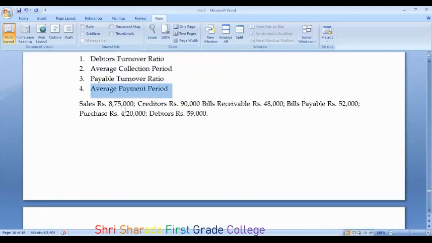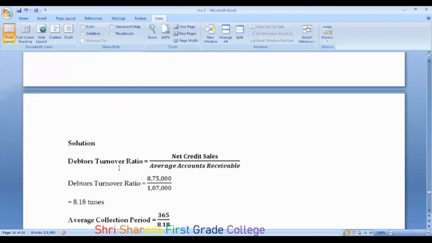Okay. So here, see the information. Sales rupees 8,75,000 is given. Creditors 90,000. Remember, there is only sales information here. Bills receivables rupees 48,000. Bills payable 52,000. Purchases 4,20,000. Debtors is given as 59,000. Okay. So what do we need? Debtors turnover ratio.